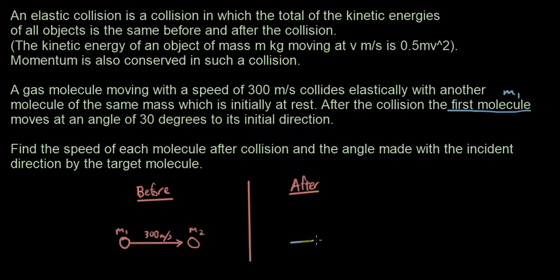Initially it's moving along in this direction, so I'm going to put a dotted line representing the initial direction. M1 is now moving 30 degrees from the initial direction, and this is where M1 is.